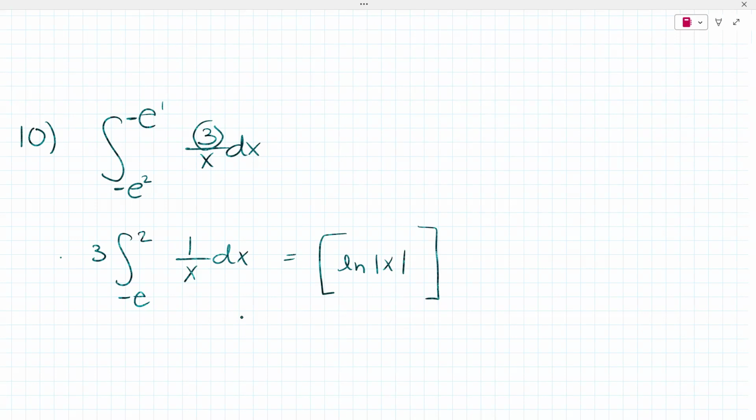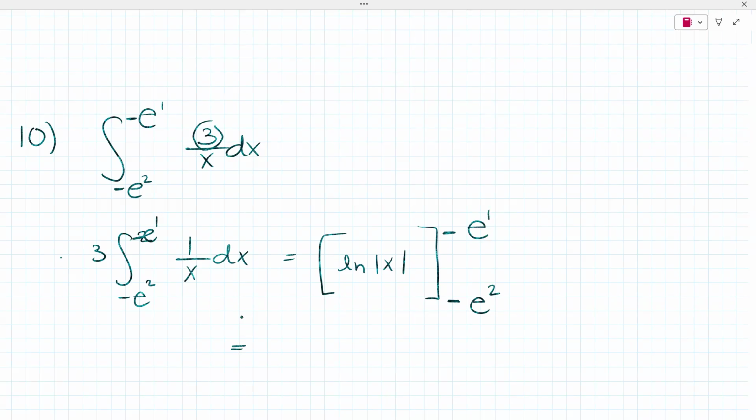Wait, so this is negative e squared, and then this is negative e to the 1. Okay, so do the upper minus lower.